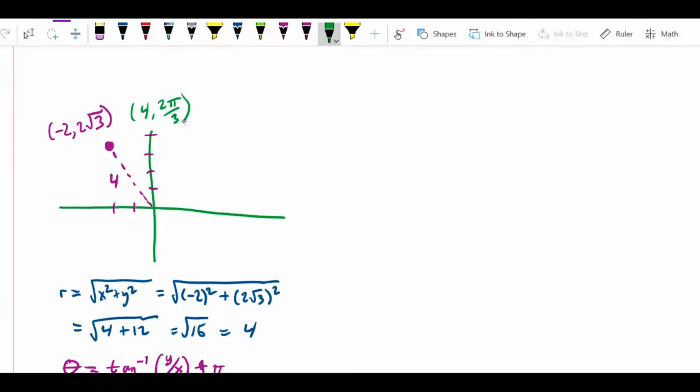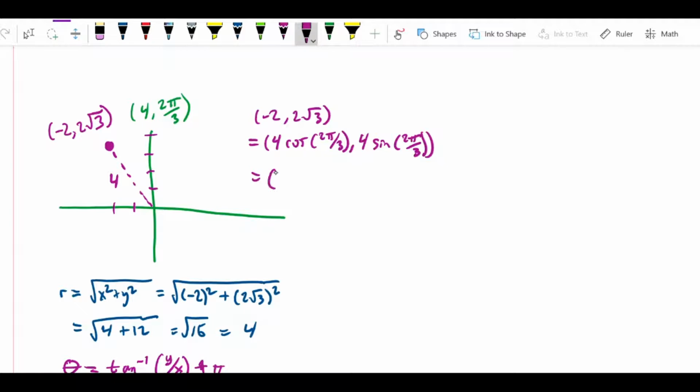Now, an interesting thing to note here is that this point, negative 2 comma 2 root 3, can be rewritten. We can write that negative 2 comma 2 root 3 is equal to 4 cosine of 2 pi over 3, comma 4 sine of 2 pi over 3. In other words, once we have the r and the theta, the original point is r cosine theta comma r sine theta.